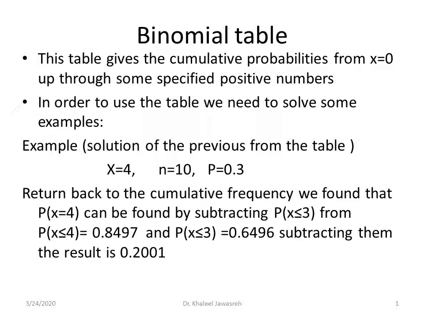Returning back to the cumulative frequency, the probability of x equal to 4 can be found by subtracting the probability of x less than or equal to 3 from the probability of x less than or equal to 4.